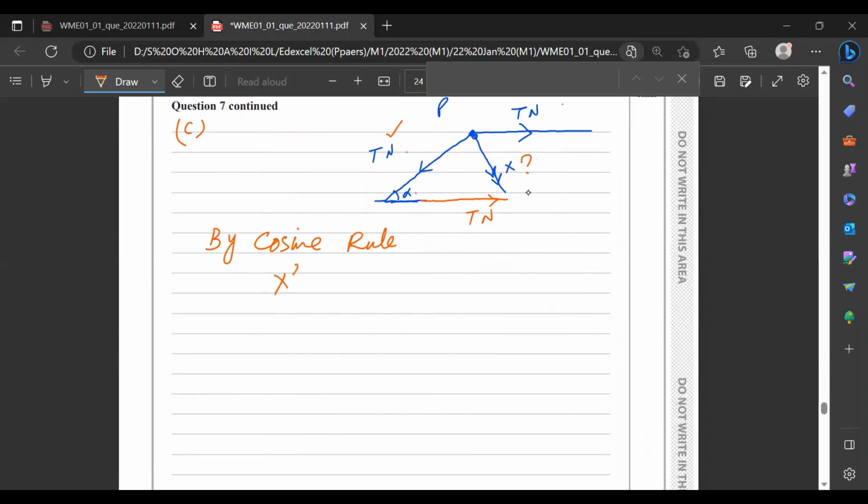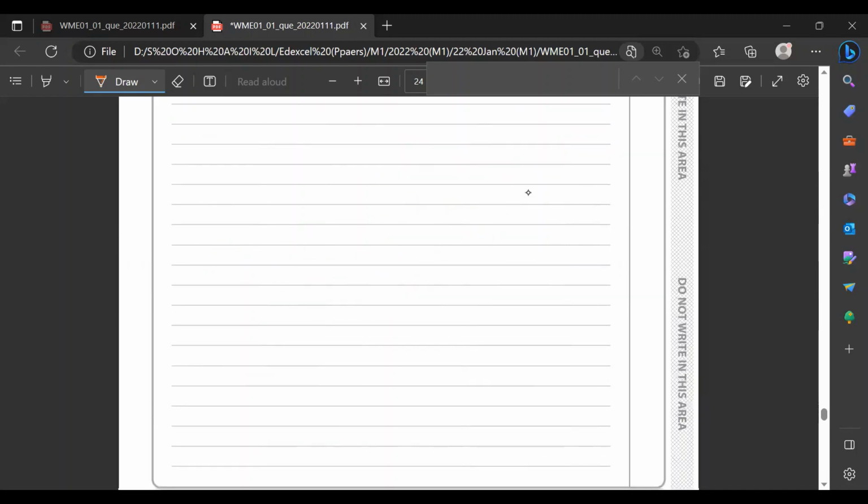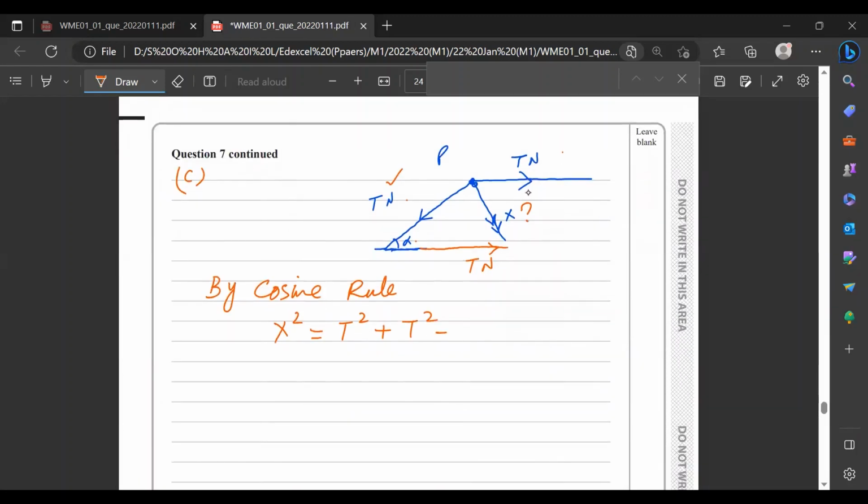X squared is equal to T squared plus T squared minus 2 into T, which is T squared, into cos of the angle opposite to X, which is alpha. So X is equal to the root of 2T squared minus 2T squared cos alpha.